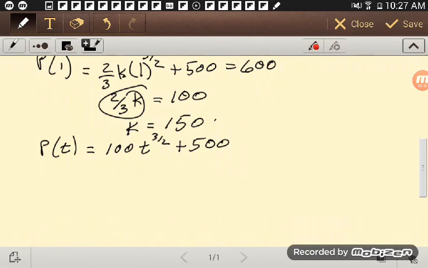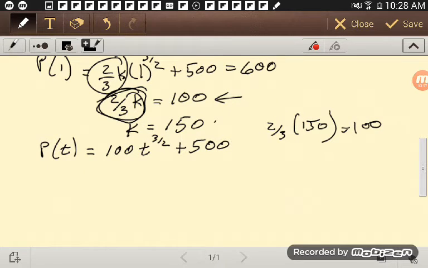So that is P of t. Again, I could have written it as 2/3 times 150, but then I'd immediately say that that was 100. So sometimes it's good to pay attention, that's really what you need in there, right? 2/3 k. Well, I found that to be 100. I could have stopped there. I never needed to tell you what k was.